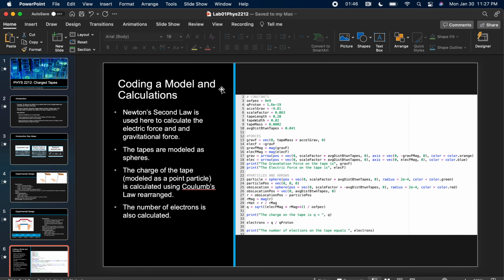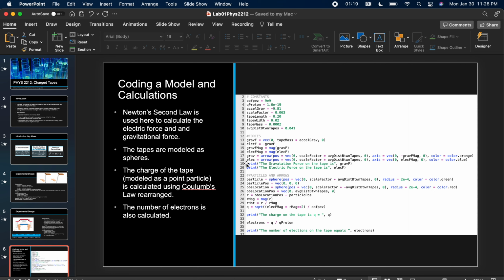So here is the coding and calculations. First in the code I did some basic calculations. I used Newton's second law to calculate the electric force and gravitational force. The tapes are modeled as spheres. The charge of the tape, modeled as a point charge, is calculated using Coulomb's law, and the number of electrons is also calculated.